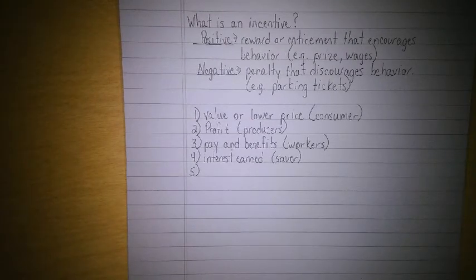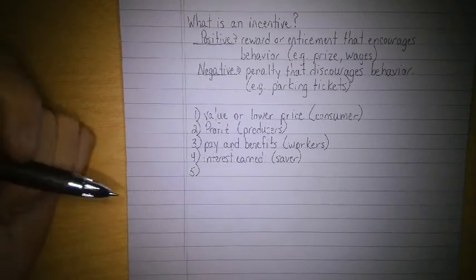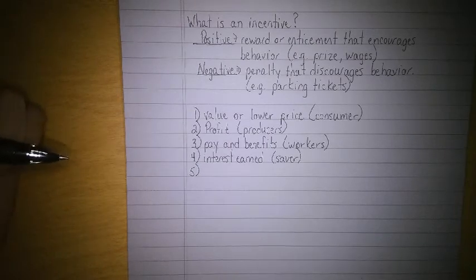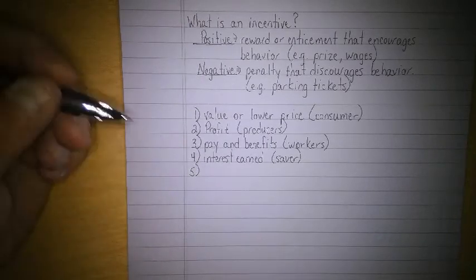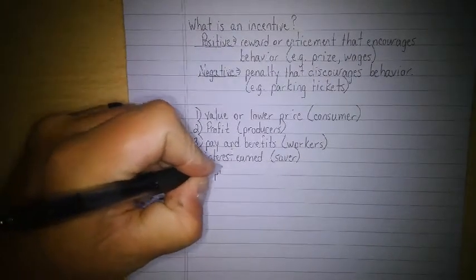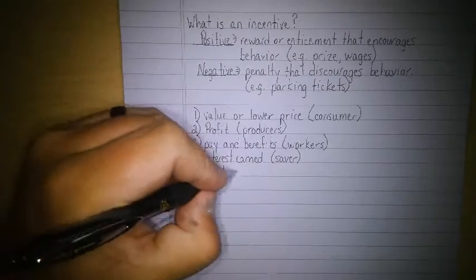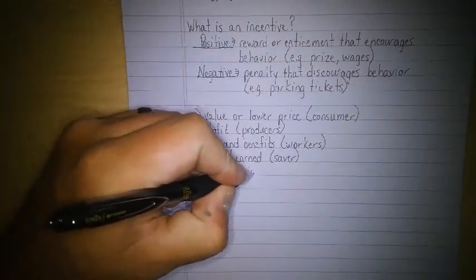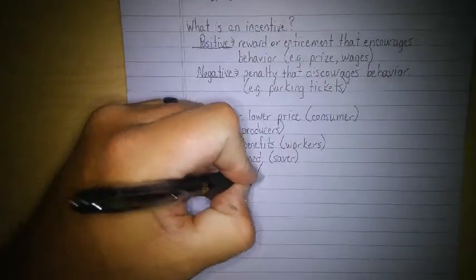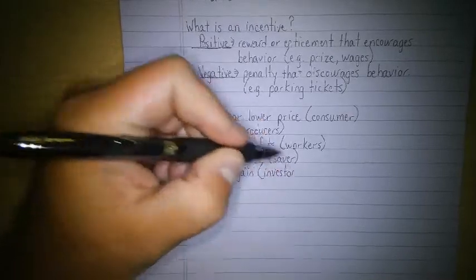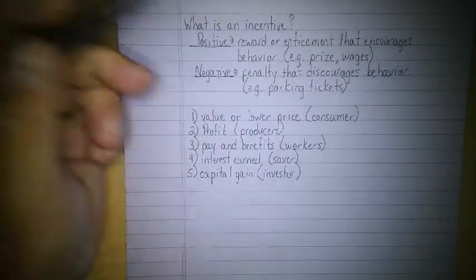So beside investor, put down that the incentive to invest is capital gain. And what I mean by capital is money, okay? But you can write down capital gain. We're going to talk a lot about investors and things of that nature later on in this class.